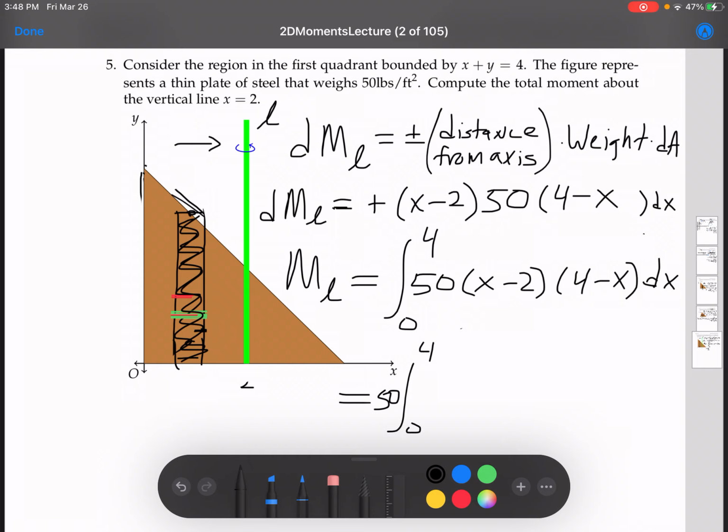Pulling that 50 out and multiplying this out to get ready to use the power rule, we've got 4x minus x squared minus 8 plus 2x dx. Let's see, that 4x and the 2x can go together, combining like terms to give us 6x.